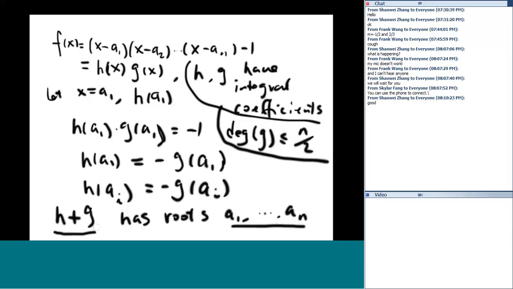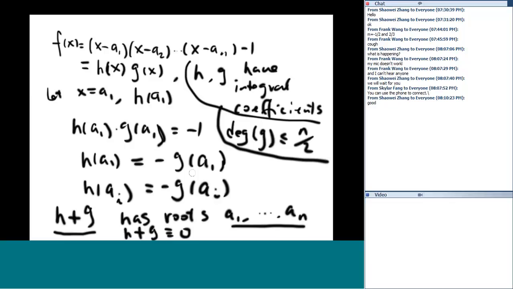But the polynomial at most has degree n minus 1, right? So both of them have degree less than n minus 1, so h plus g is identical to 0. You understand the logic here? A polynomial again? So h and g.